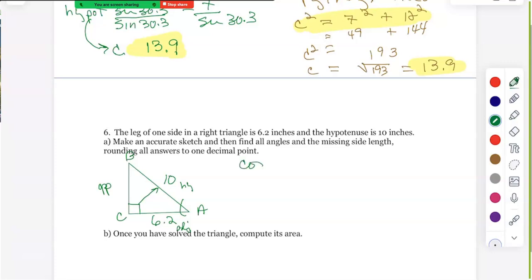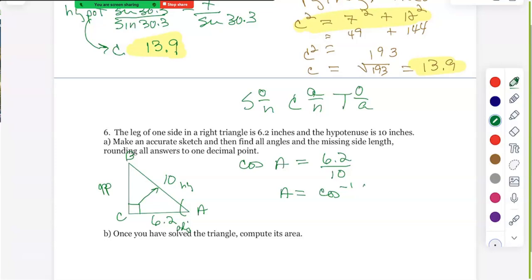So I have to use cosine, and I would write SOHCAHTOA right here, right in your line of vision. I'm going to say cosine of angle A equals adjacent, which is 6.2 from that angle's perspective, over 10. Do not put that in your calculator. You are looking for an angle. So you're going to do inverse trig, and you're going to put this in your calculator.